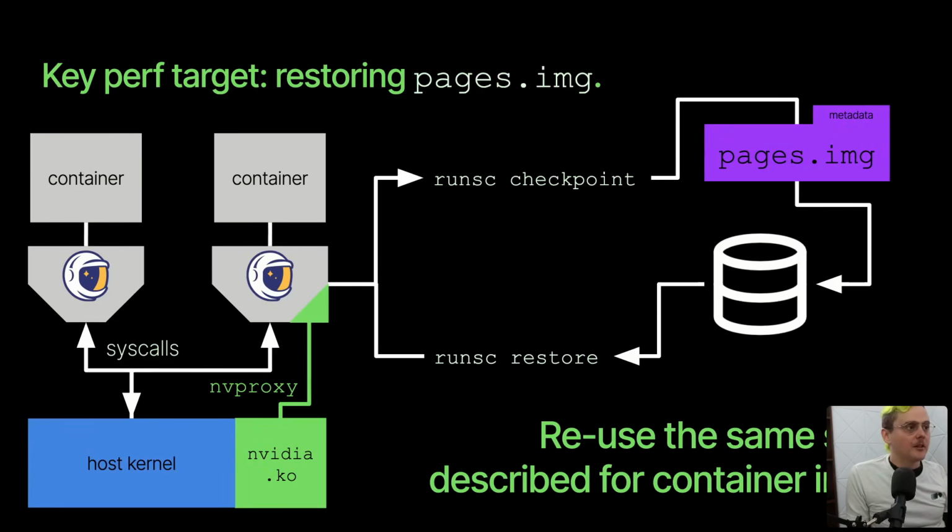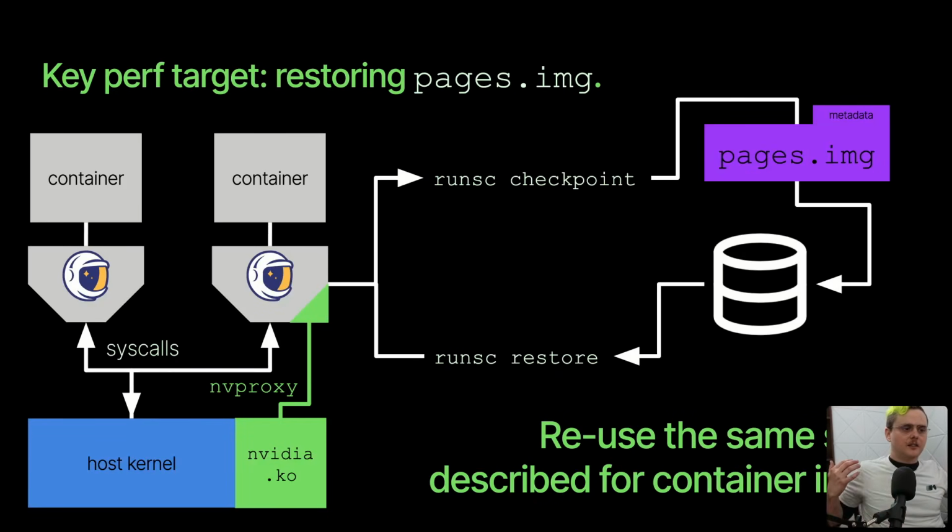So the key performance target here for making checkpoint restoration really fast, so making boots really fast, is restoring pages.img. So getting it out of cloud storage onto disk on the machine, so that these pages can then be put back into memory.